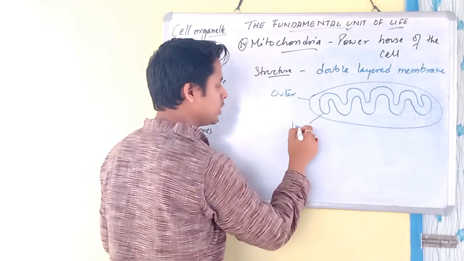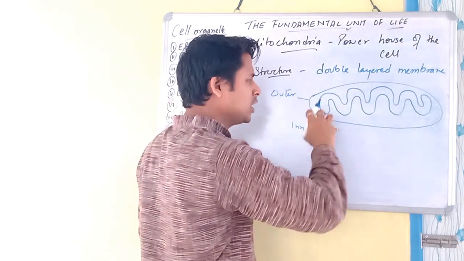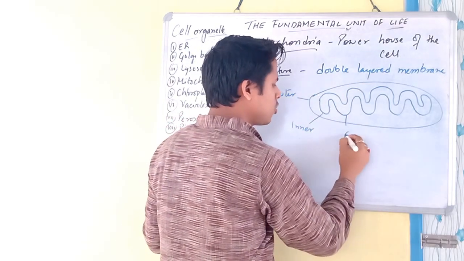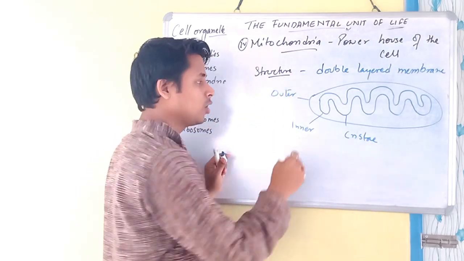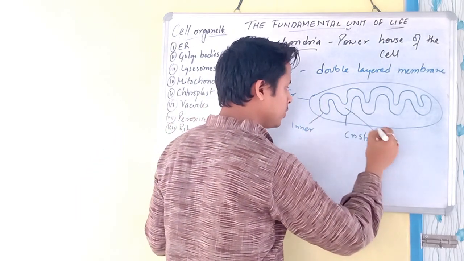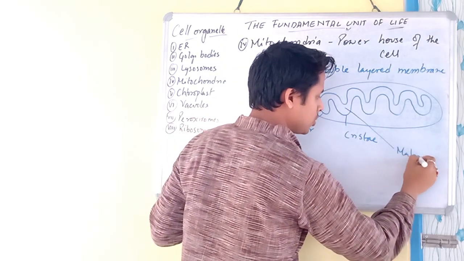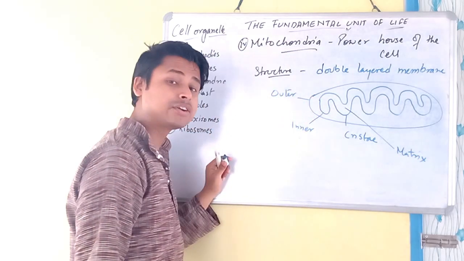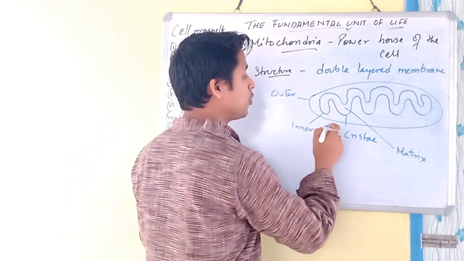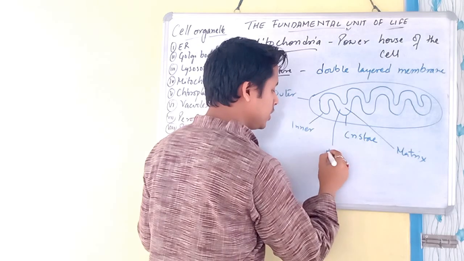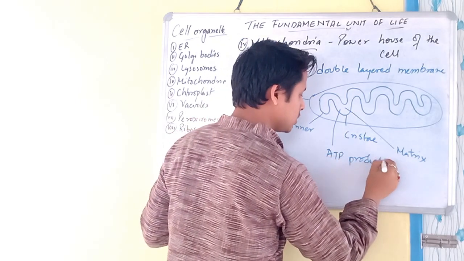This folding we call cristae. Now there is an area between the deeply folded regions which we call the matrix. The matrix is the site where energy production takes place. So here only the ATP production takes place.